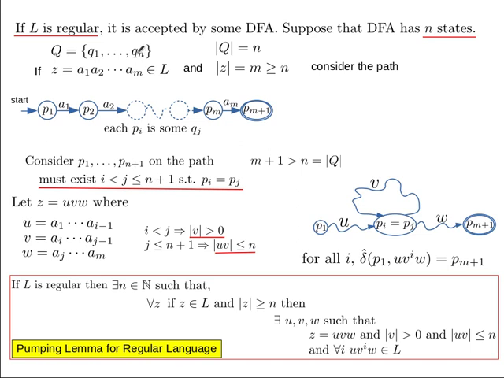And now if you take some string z in this language, and the length of the string is at least n. This n is the number of states here, and the length of the string is m, which is at least n.